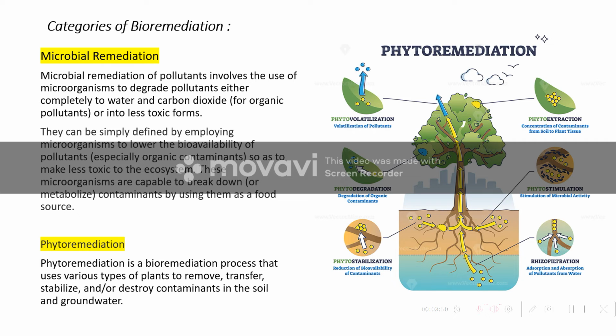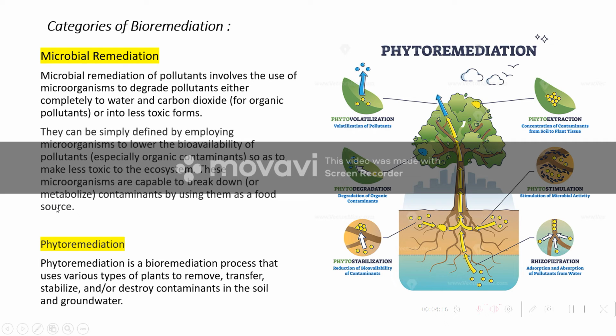They can be simply defined by employing microorganisms to lower the bioavailability of pollutants, especially organic contaminants, so as to make them less toxic to the ecosystem. These microorganisms are capable to break down or metabolize contaminants by using them as a food source.